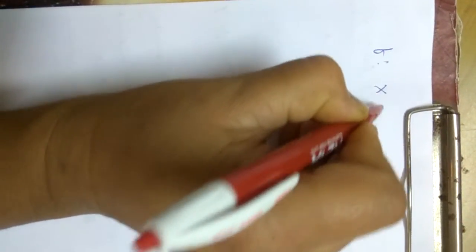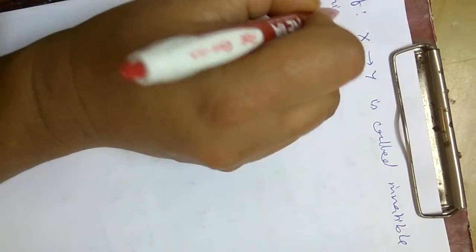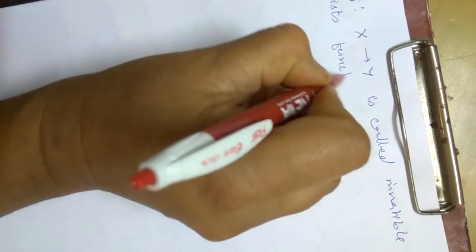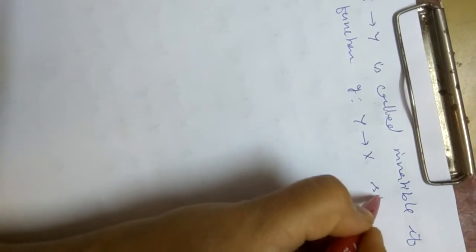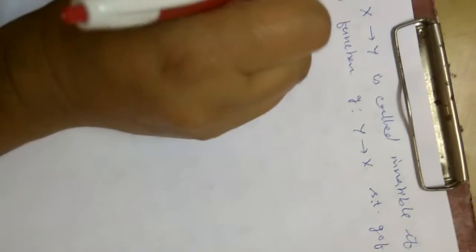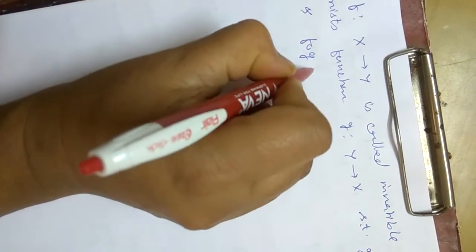F is a function from X to Y, called invertible if there exists a function g from Y to X such that g of f is equal to IX, where IX means the identity function, and f of g is equal to IY.